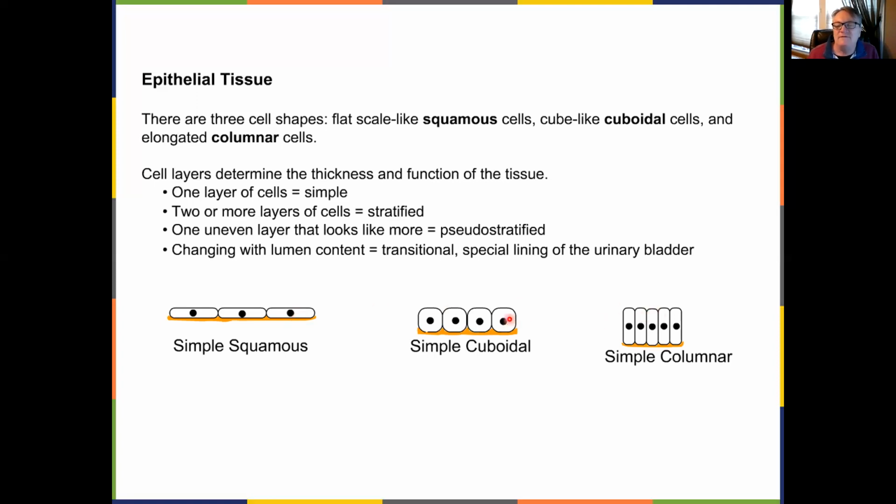We also have a form that's called cuboidal, and cuboidal means a cube. So this is pretty much the same dimension vertically as horizontal, and again, it has a nucleus in the middle. They will be attached to each other and also to a cell basement membrane.